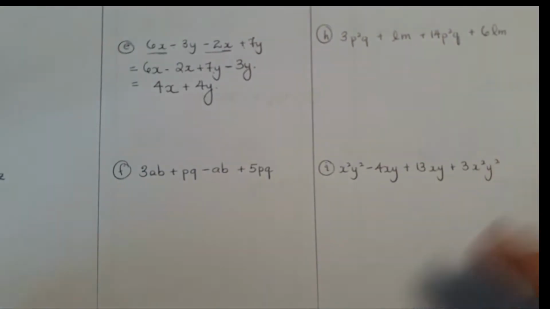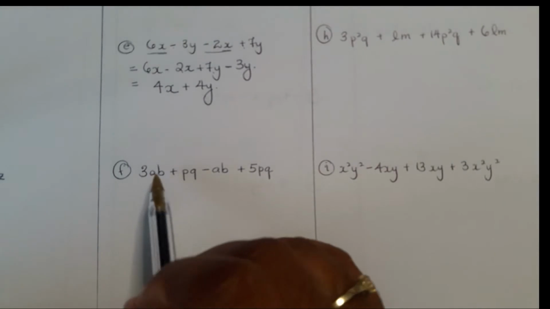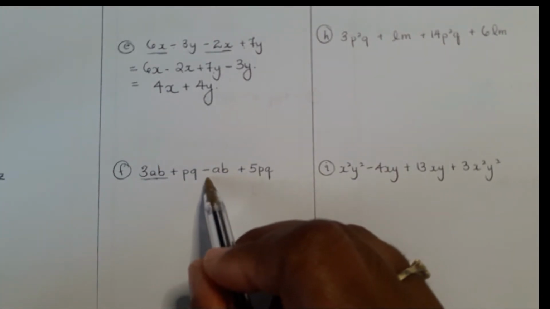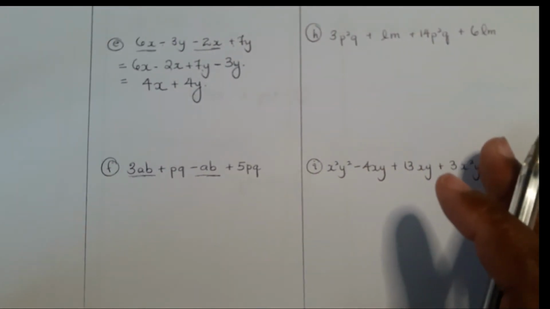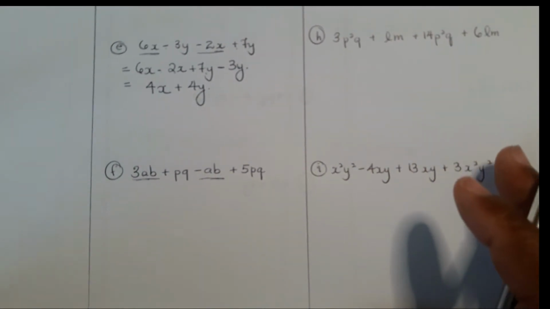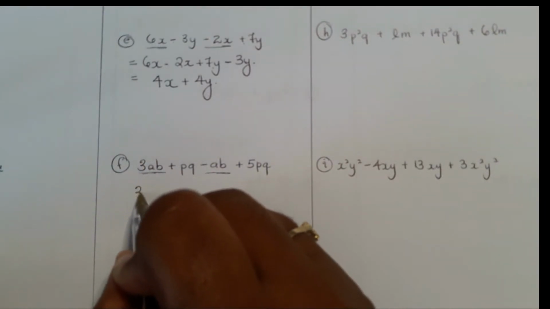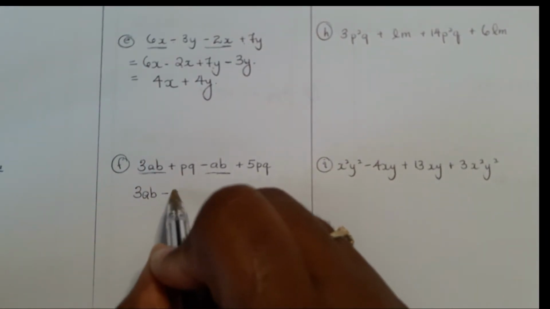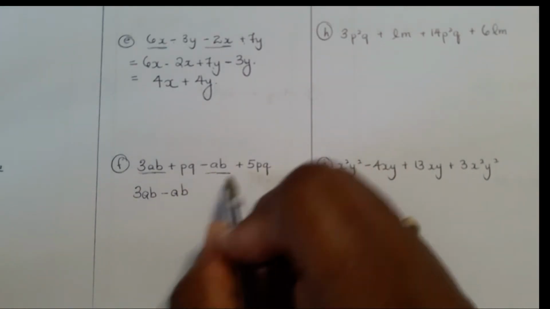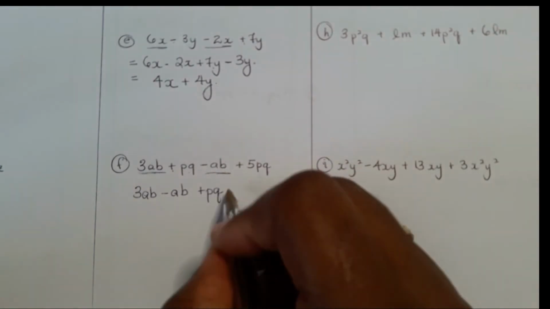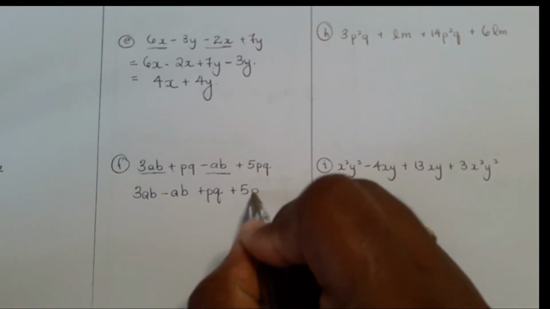Let's try to group again, because this has different things. So we have 3ab, and we have minus ab, right? So we could say now that we group again 3ab minus ab, and we could say plus pq, because this is a plus in front of pq, plus 5pq.